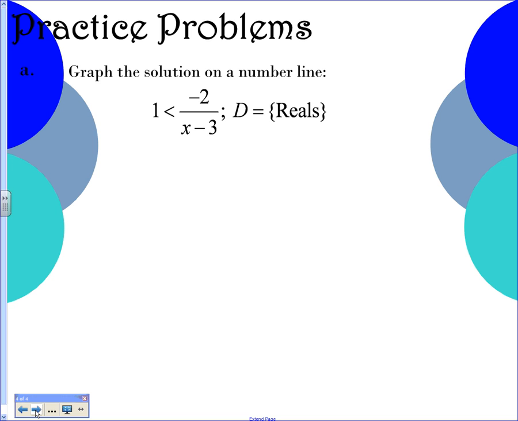Okay, let's look at another example. All right. What do we have to do first? Multiply by x minus 3 squared.